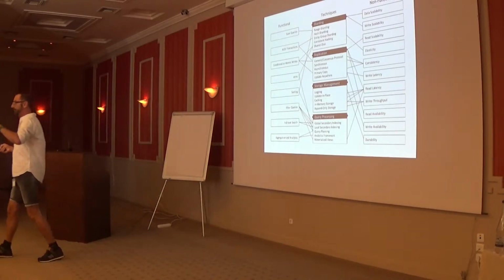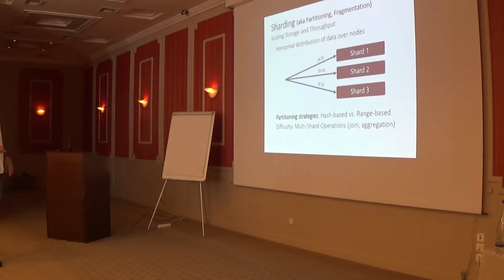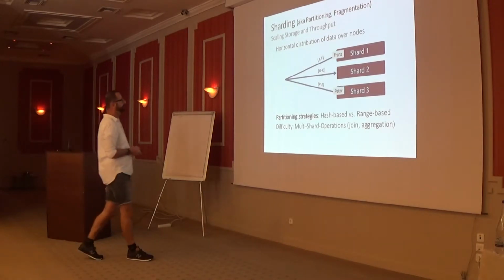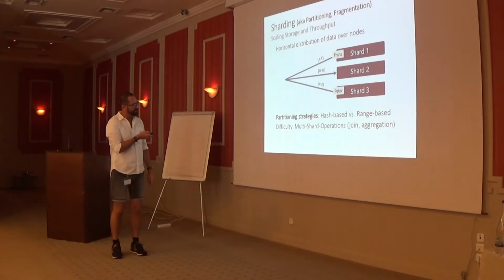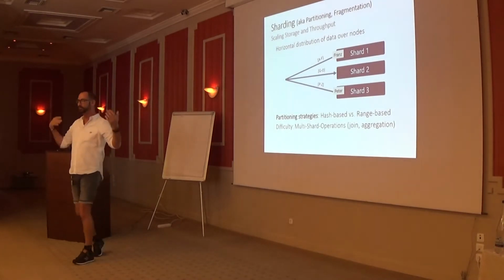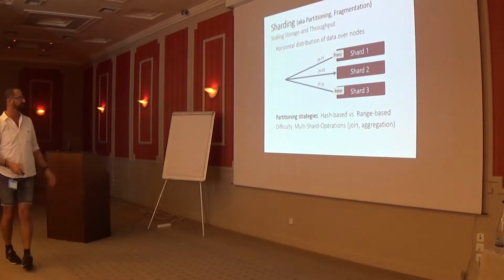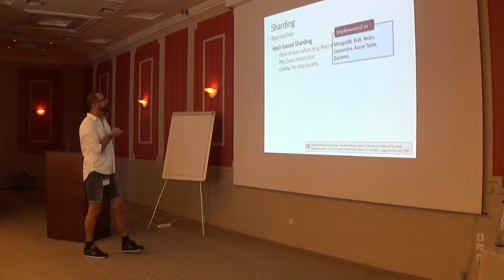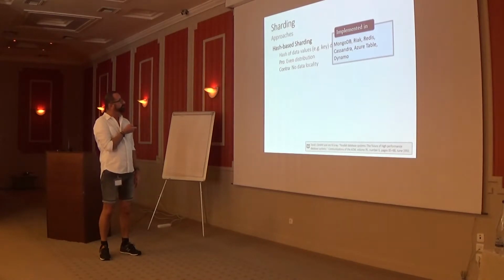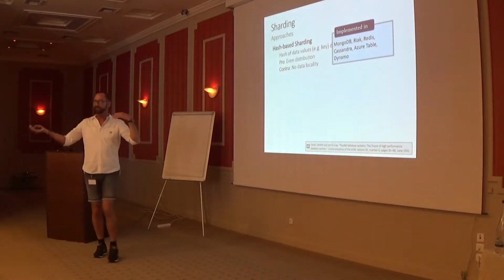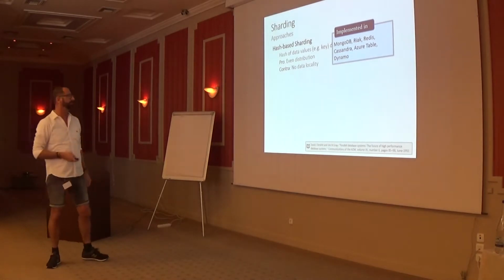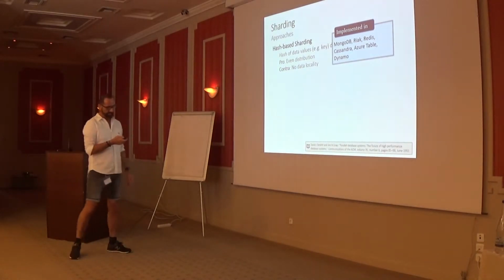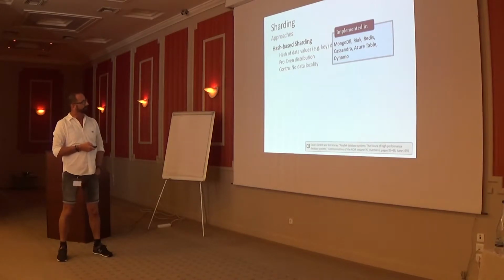Then we went through all these systems. For example, sharding, you know what sharding is. We do some allocation of data on different nodes. Partitioning strategies can be hash-based or range-based. It's then difficult to manage joins and so forth. Nothing new. There's hash-based sharding. You have an even distribution, but you don't have any data locality. All the things we have already talked about in earlier systems, and these are systems which are doing hash-based sharding.